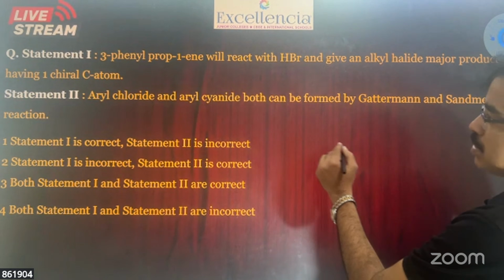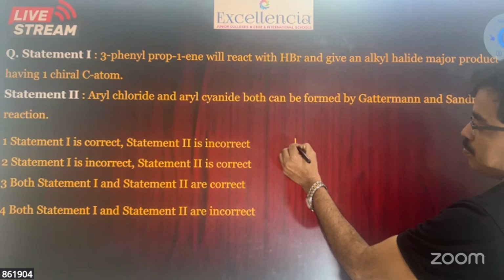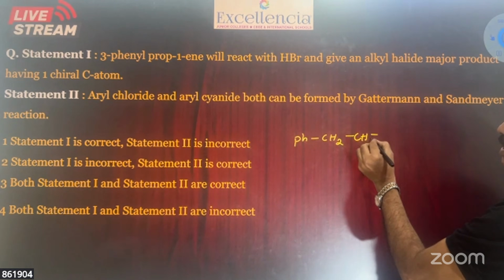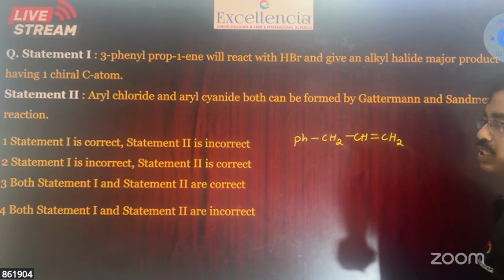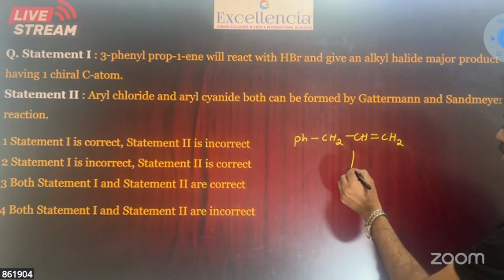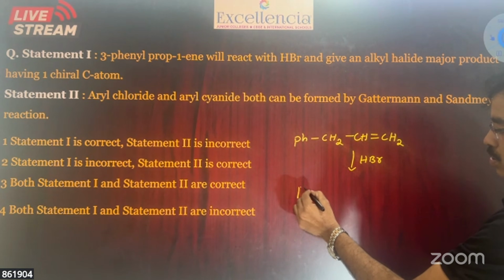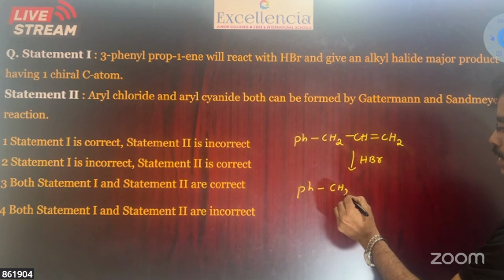So the question is about 1-phenylpropene, which is related to rearrangement. When HBr reacts, Markovnikov's rule is followed, so it is an electrophilic addition reaction.